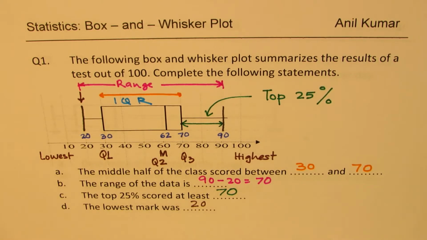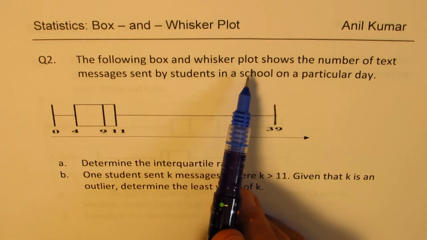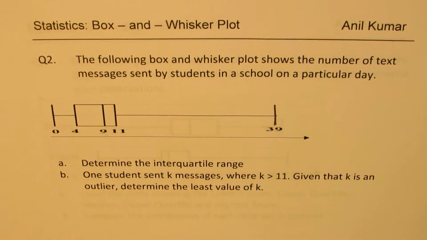So now let's move on to the second question. The following box and whisker plot shows the number of text messages sent by students in a school on a particular day, right? So first question here is, determine the interquartile range. So what is interquartile range?